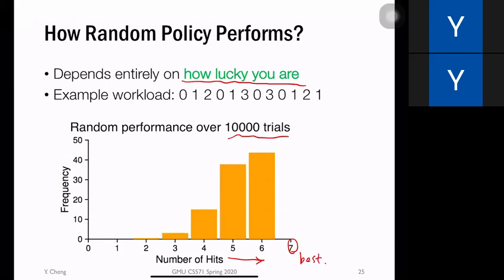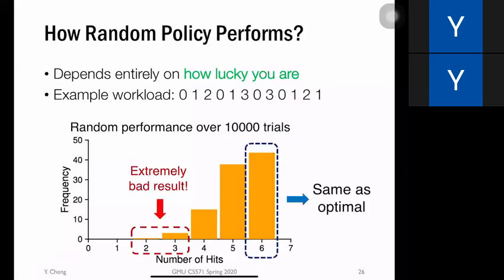Towards the left end, this is the worst performance you can have: 0 cache hits, where all memory accesses are cache misses. And this is something impossible to achieve. And over here, as you can see, a total of 6 hits tends to be the optimal.